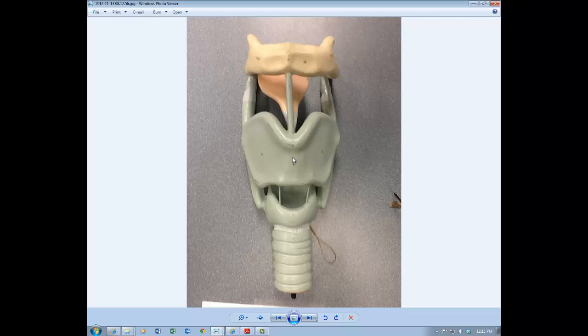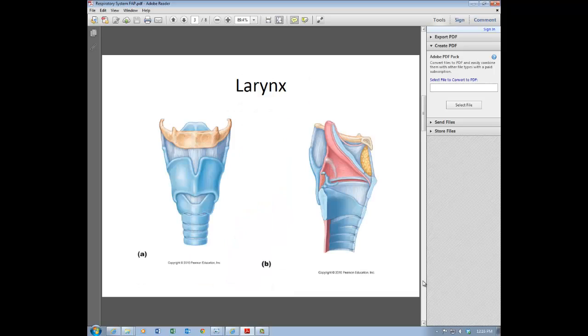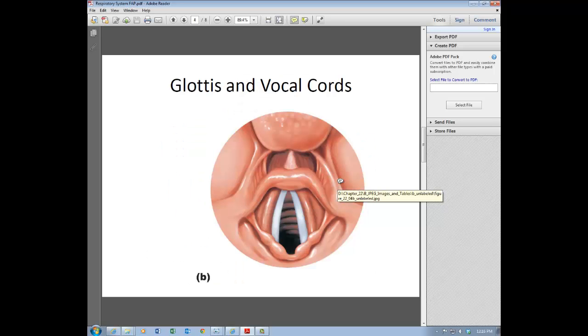Now if we look at the glottis, the best way to see the glottis is in the diagrams. So again, here's a picture of what we just looked at. There's the hyoid bone, the epiglottis, the larynx. Here is the epiglottis in a side view, the blue cartilage, the vocal folds in the side view. And then if we look down the larynx, looking down at here are the vocal folds, and the space between them is called the glottis.